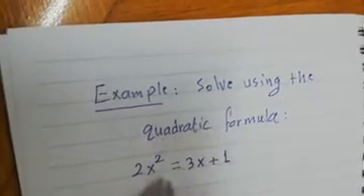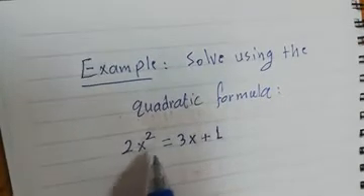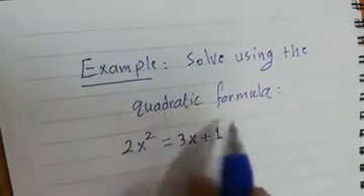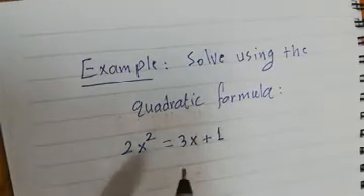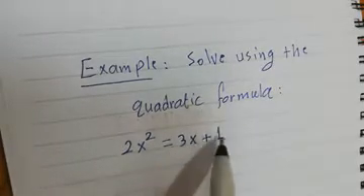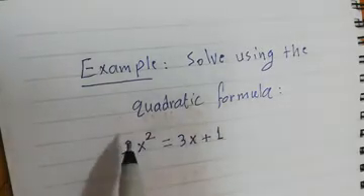Now look at this equation. It is not written in the standard form, so I have to write it in the standard form. So I will transfer these two terms to the left.